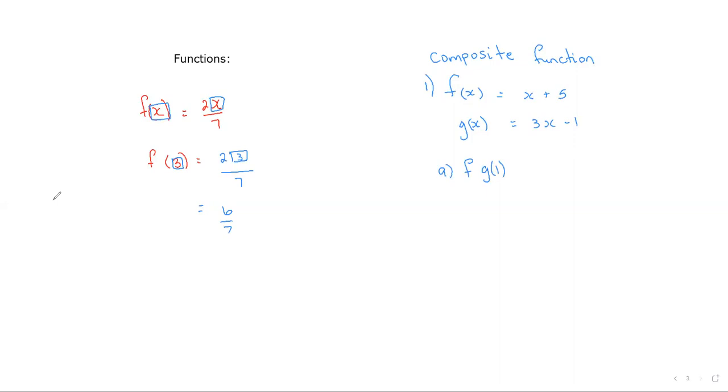Now, anytime you have something like this, you want to look at what is the first function. Your first function, or the first letter, is the function into which you're going to substitute everything else. Because f was first, that's the function we're going to substitute into.